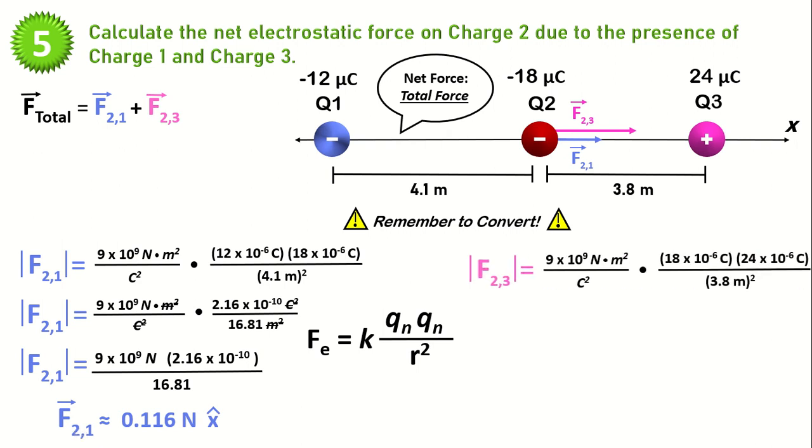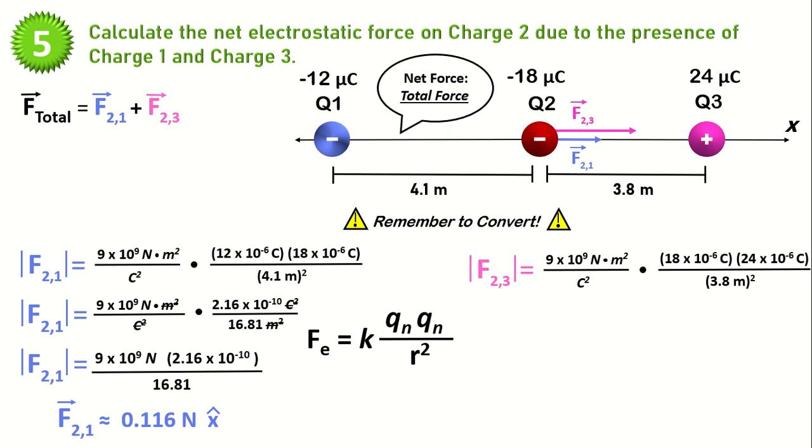All right, now let's worry about the magnitude of the force on charge 2 due to the presence of charge 3. So let's plug in everything we know. K as usual is 9 times 10 to the 9 newtons times meter squared divided by coulomb squared. In this case, we're plugging in Q2 and Q3. Q2 is 18 times 10 to the minus 6 coulombs, and Q3 is 24 times 10 to the minus 6 coulombs.